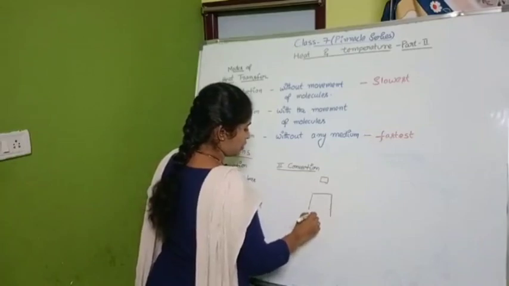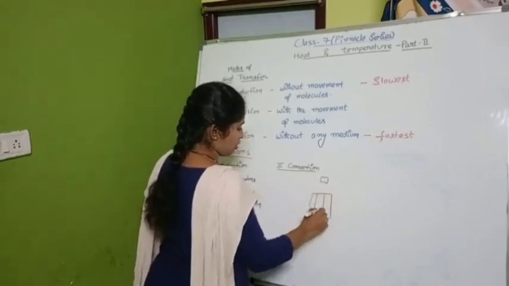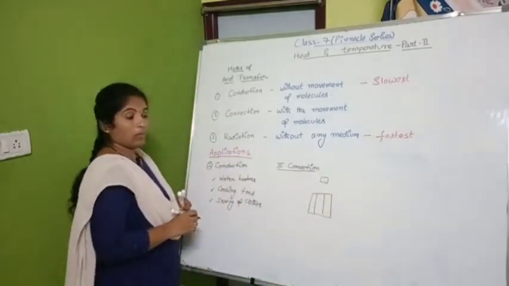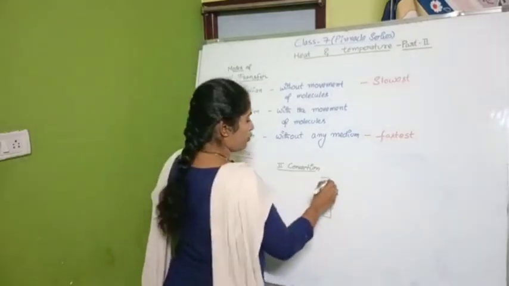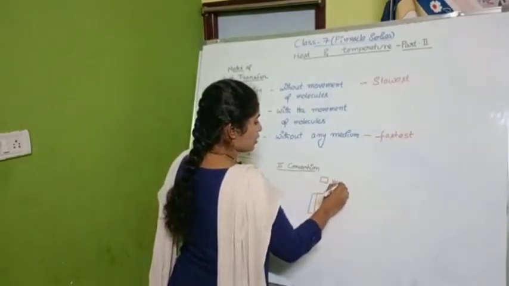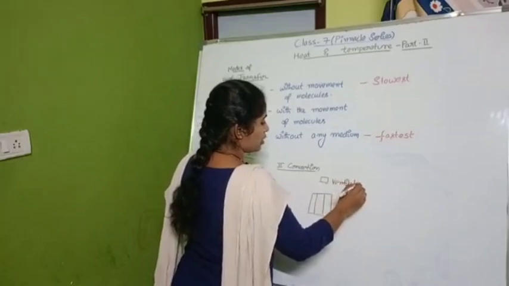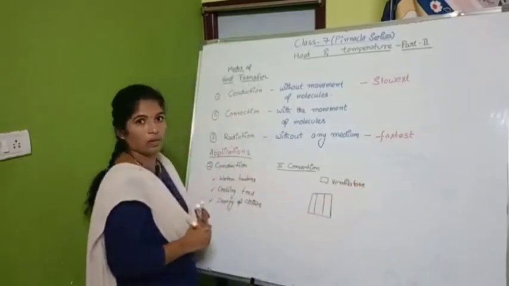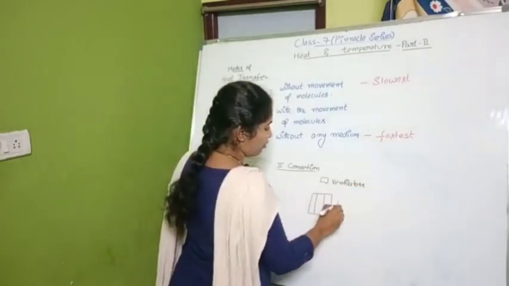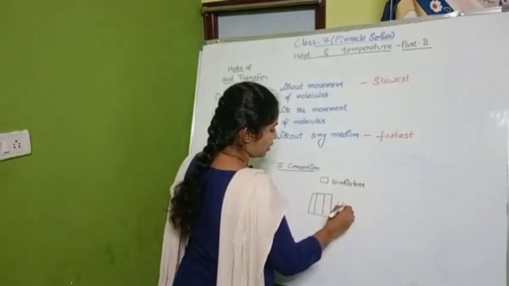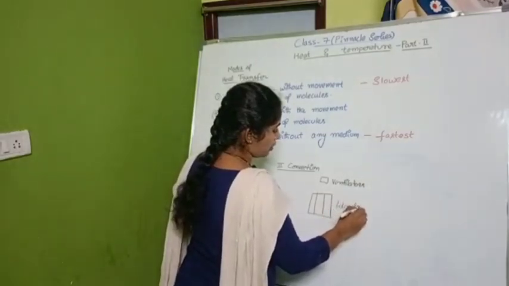What is the difference between the windows and the ventilators? Position. Ventilators are located at the higher level of the room and windows are located at the lower level of the room.